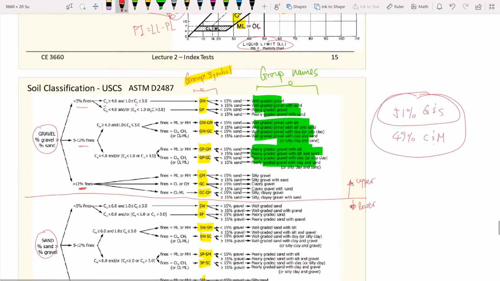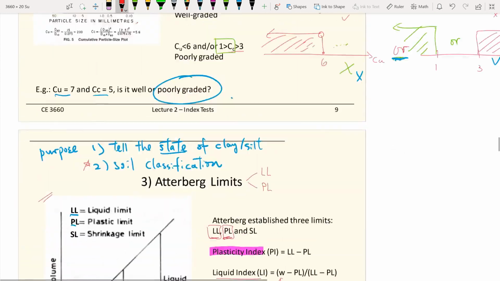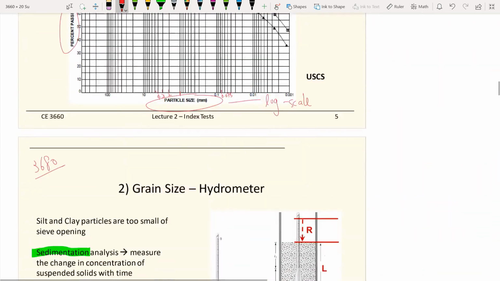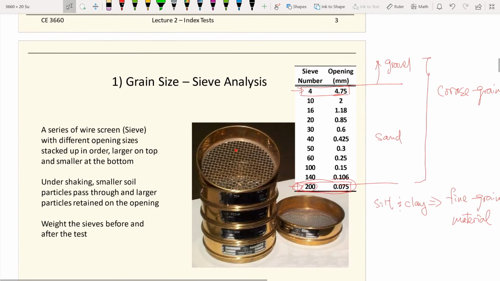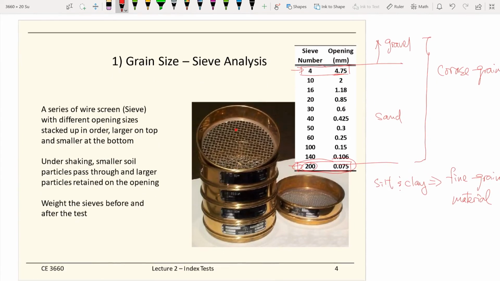At the beginning of this lecture, when we talked about the sieve test, we mentioned that number 4 is very important, because it is the definition of the size of gravel. If it is retained on number 4, that means it has a size larger than 4.75 millimeters. Those are the gravel that you have.